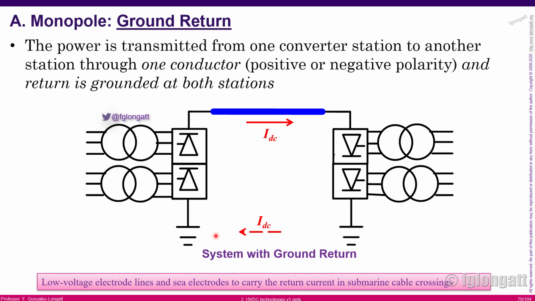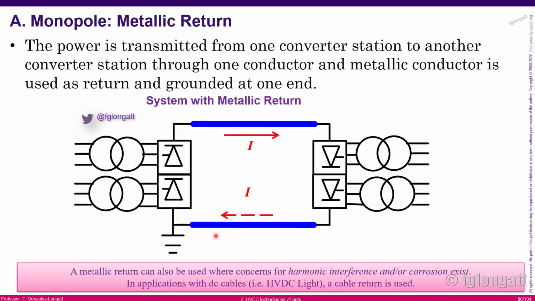Some of those applications are typically for low voltage, and in some cases people use electrodes in the sea as one mechanism to keep control of the voltage drop across the earth, okay?